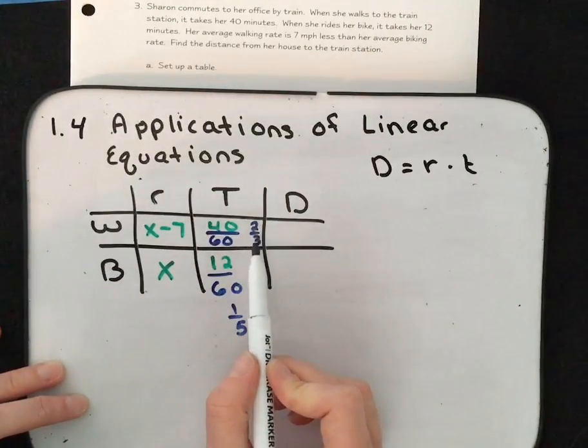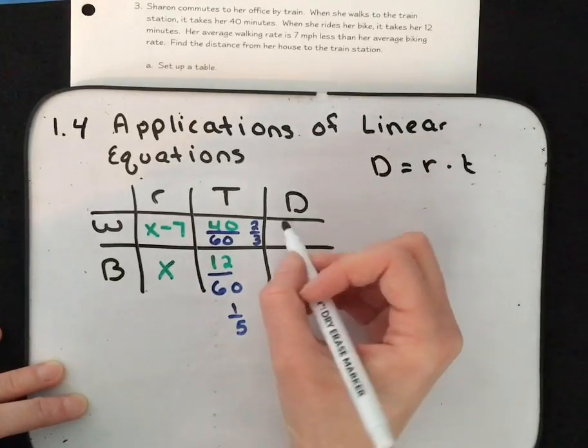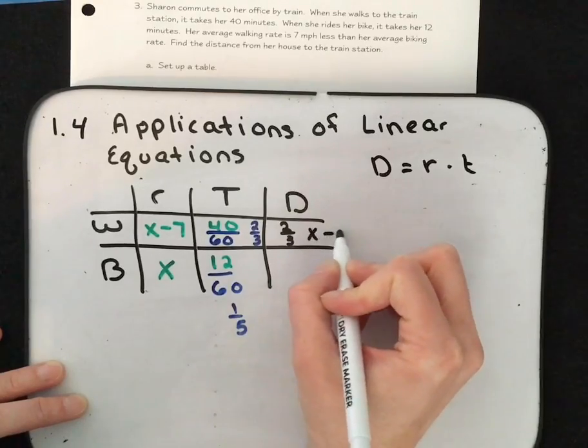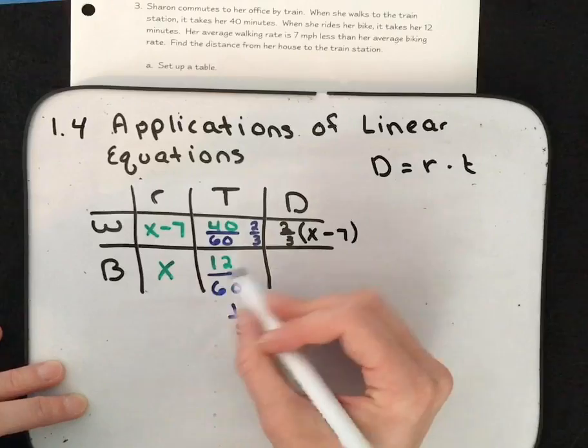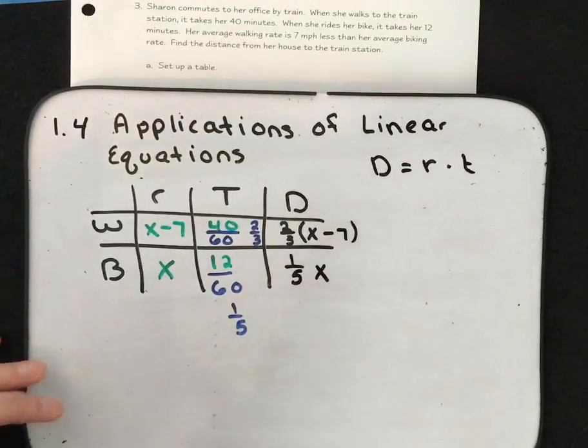Well, our distance is our 2/3 of an hour times our rate. Distance is rate times time. So we have our 2/3, we have our x minus 7. Here our distance is our rate, which is x, times our time, which is 1/5 of an hour. Now we know a little bit about this information. The train station doesn't move, whether Sharon decides to ride her bike or whether she decides to walk.